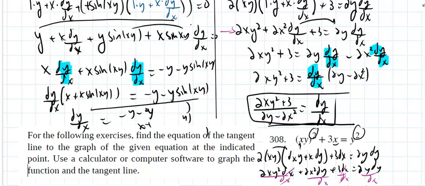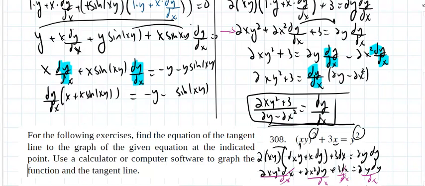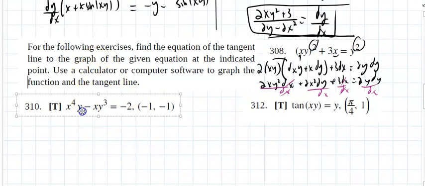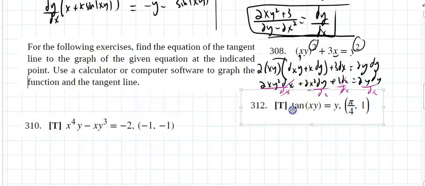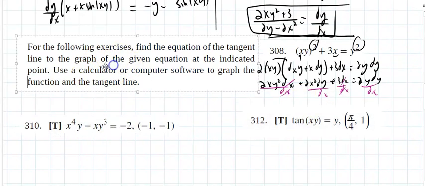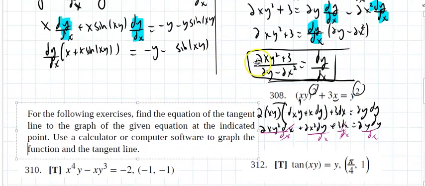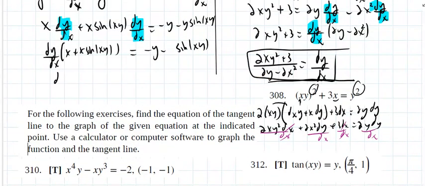Now, let me give myself a bit of space. I should have done that from the beginning. dy dx, I could factor a negative y out of the top.